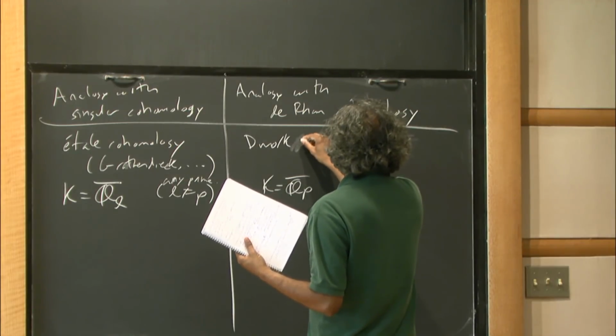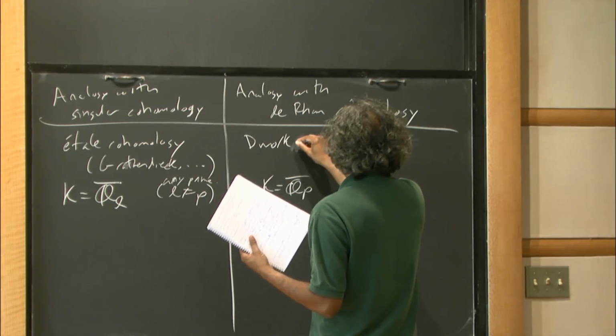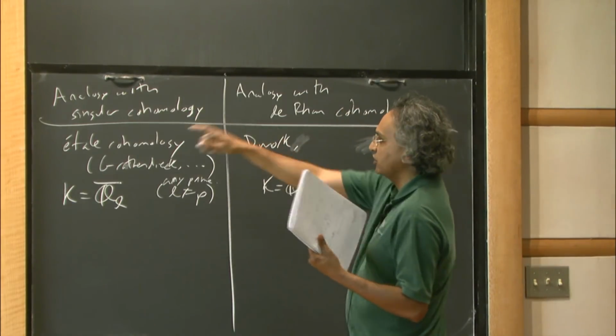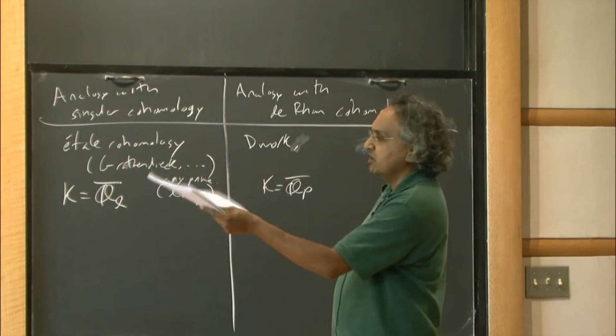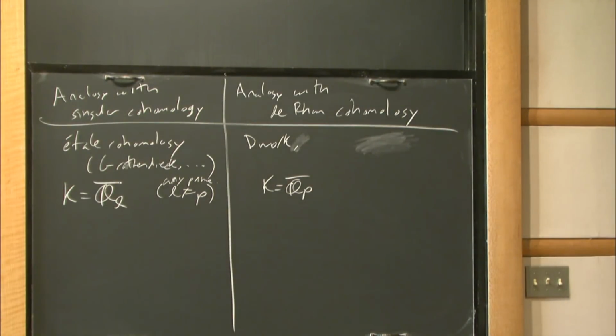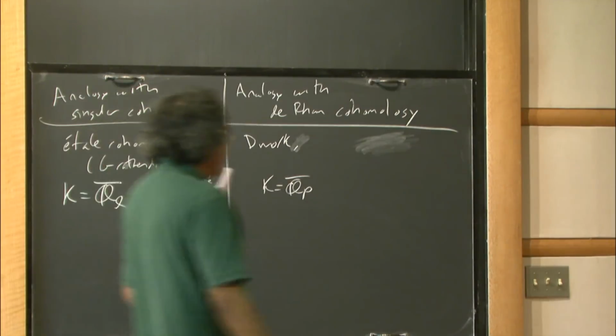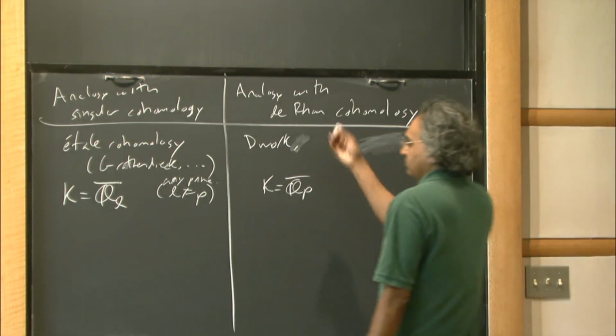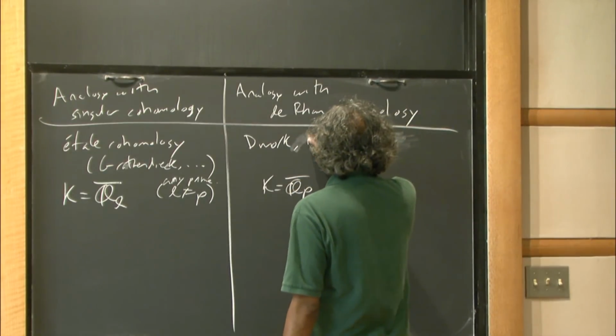So Dwork's proof was not written in the language of cohomology. Dwork did not explicitly give a spectral interpretation involving finite dimensional vector spaces. He had some kind of infinite dimensional p-adic spaces with some carefully constructed topology, and that gave him enough information to do this. But it turns out you can reformulate Dwork's work in a more cohomological language.